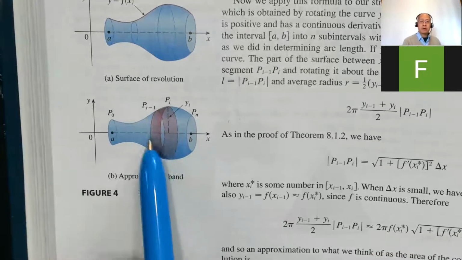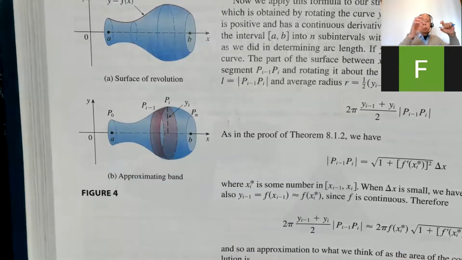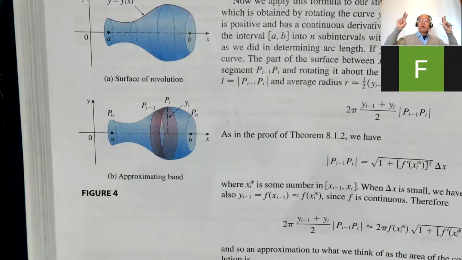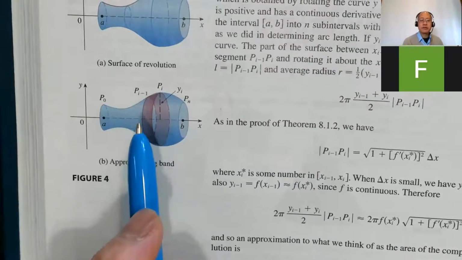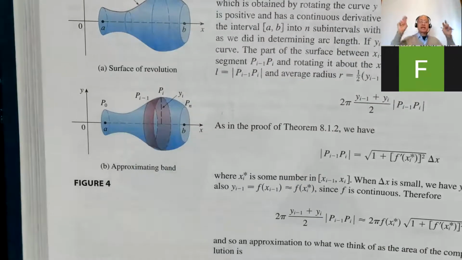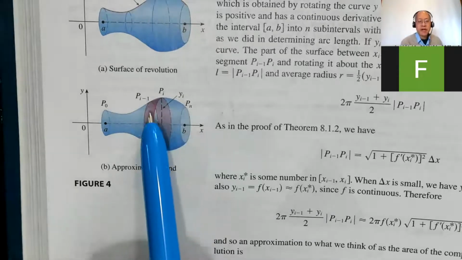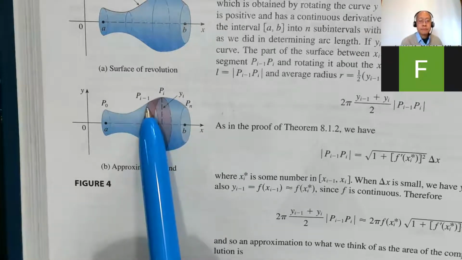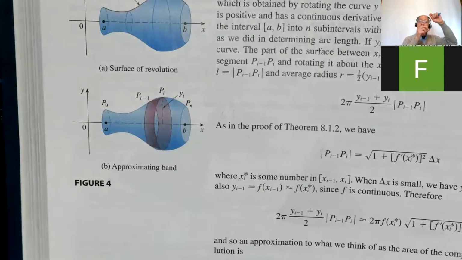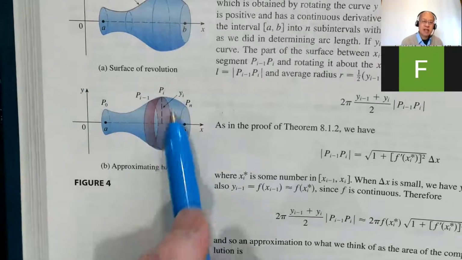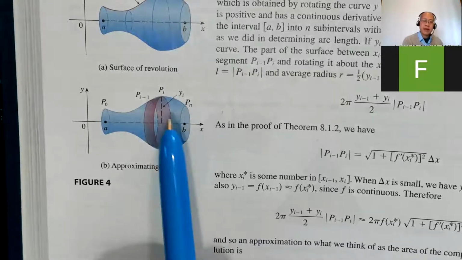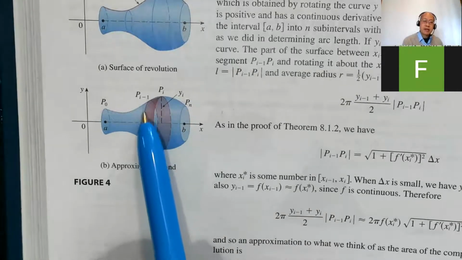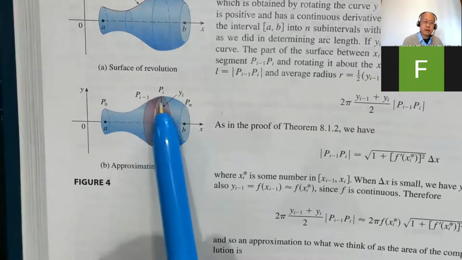How do I find a surface area? Well, if I make a cut and open it up, it almost looks like a rectangle for continuous functions. We're only considering continuous functions. It isn't a true rectangle because the top and the bottom might be different heights. Like the way this is situated, if I slice and open it up, this part would be a little bit smaller than this part.